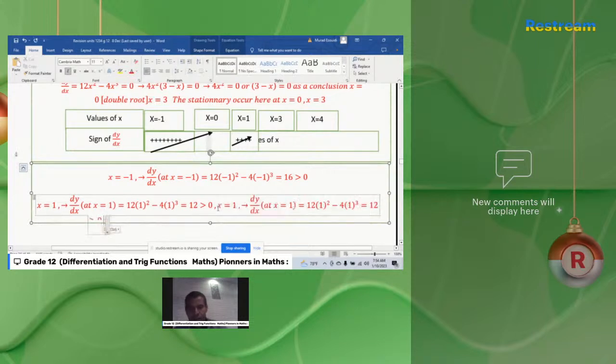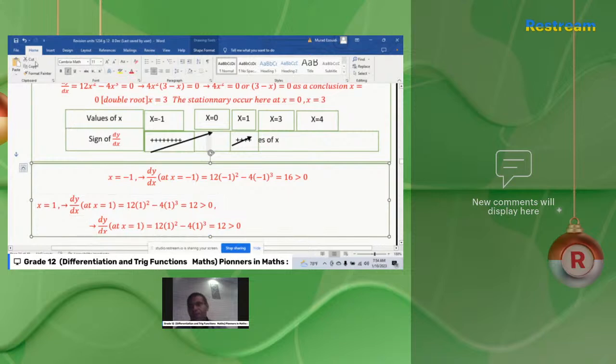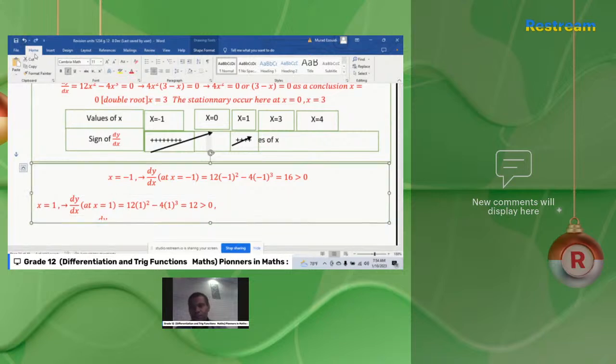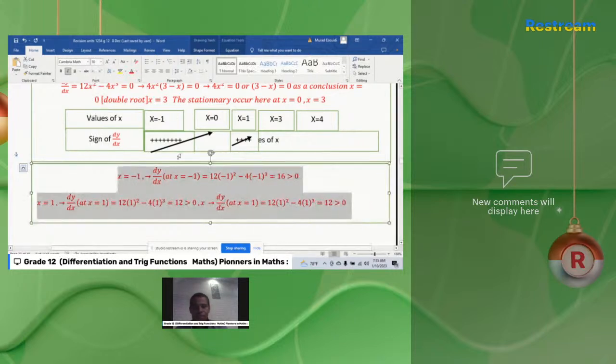Therefore, when x equals 4 here, I'll erase this one. Okay, no problem. I will make it smaller so I can make 12, 10, whatsoever.